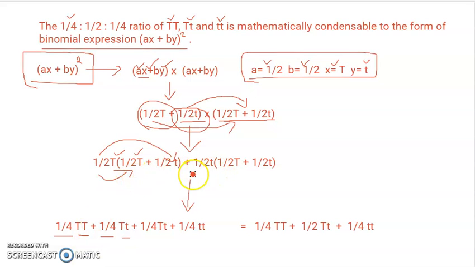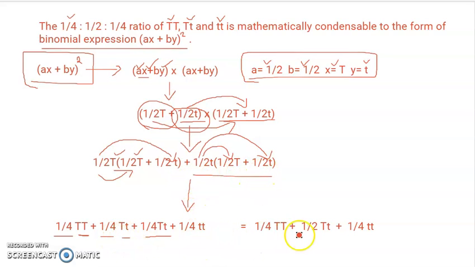And again the second expression, it is like this. So this 1 by 2 small t is multiplied with 1 by 2 capital T, so it forms 1 by 4 capital T small t, and then this half small t is multiplied again with half small t, and it forms 1 by 4 small t.